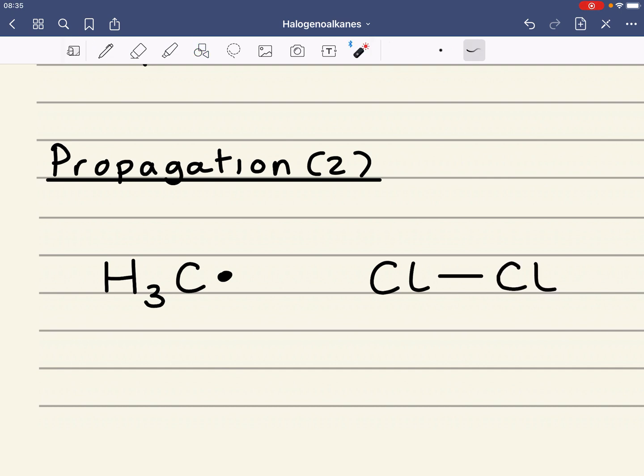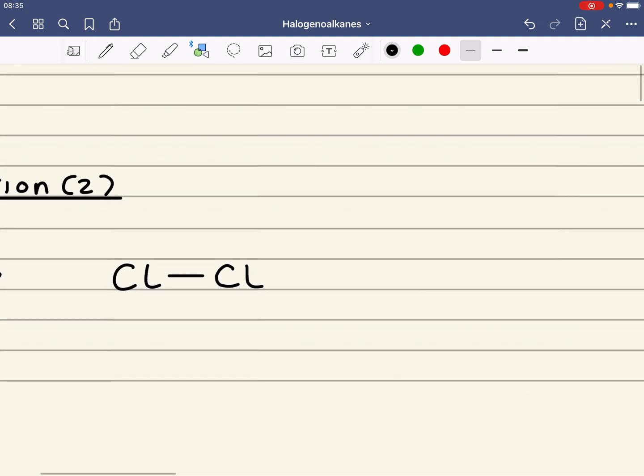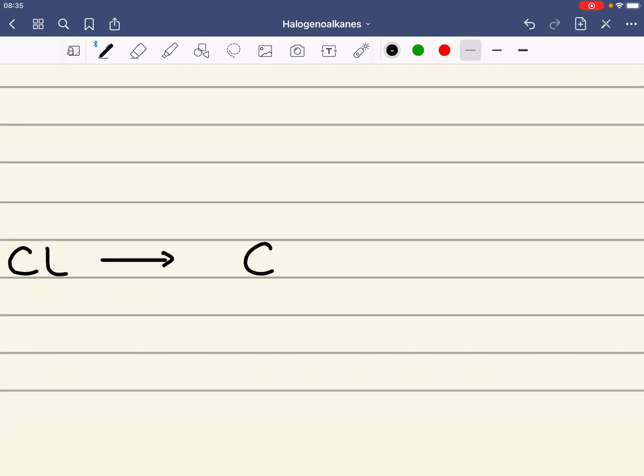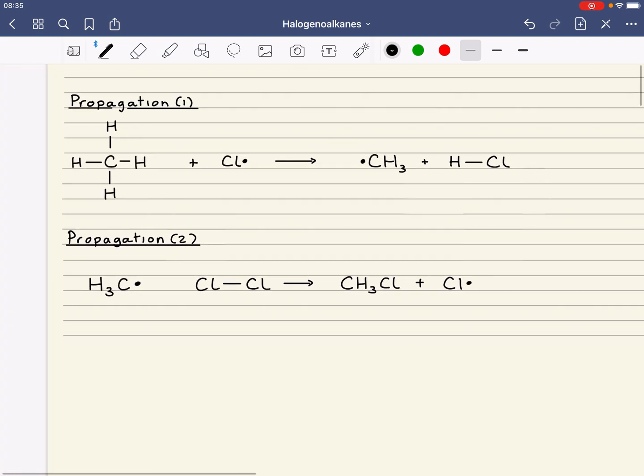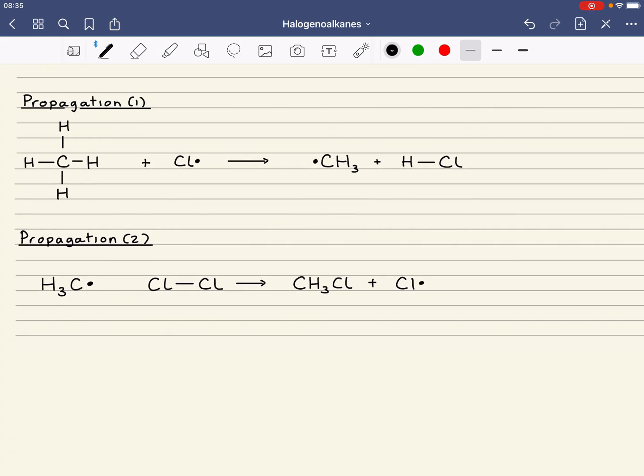This electron here and one of the electrons in this bond form a new carbon-chlorine bond. The other electron in this bond goes to the chlorine and reforms a chlorine radical. So we get my second product, CH3Cl, and we reform my chlorine radical. That's my second propagation step.